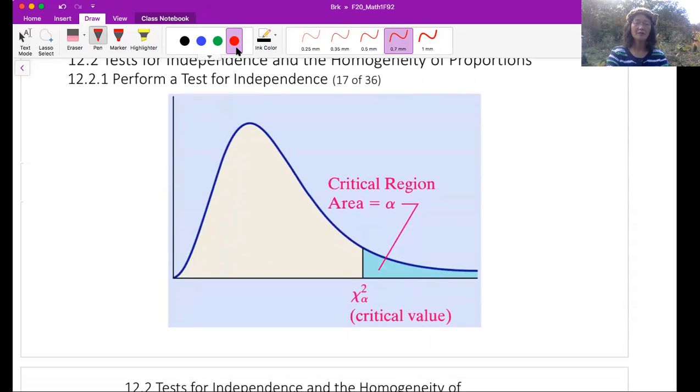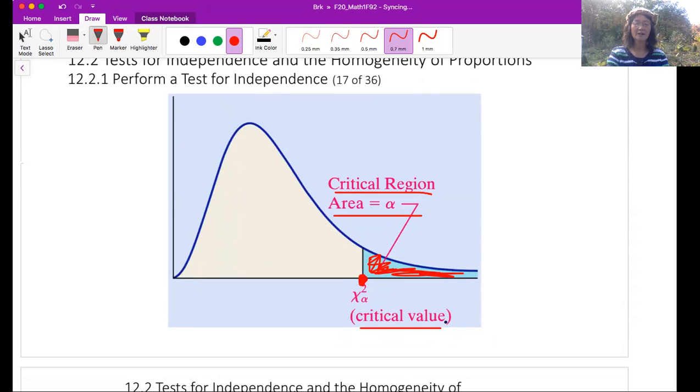Once you have the critical value, suppose it is chi-square subscript alpha. The critical value decides the rejection region. Rejection region, also called critical region. And this area is alpha. The area corresponding to this point is the critical value.